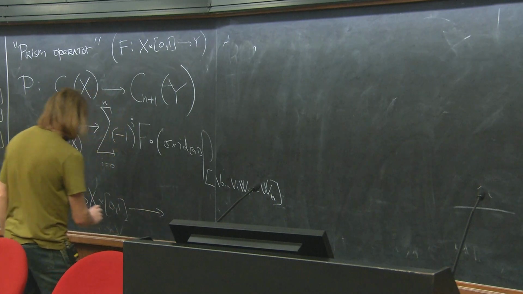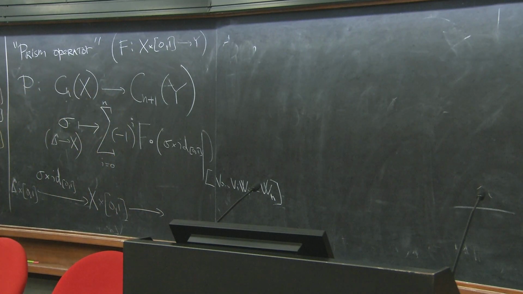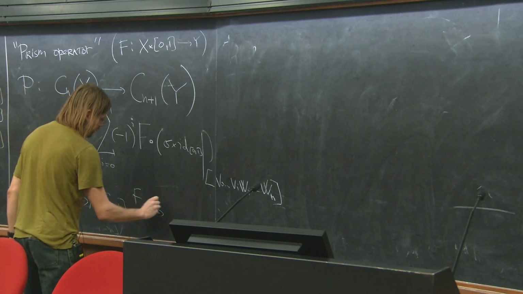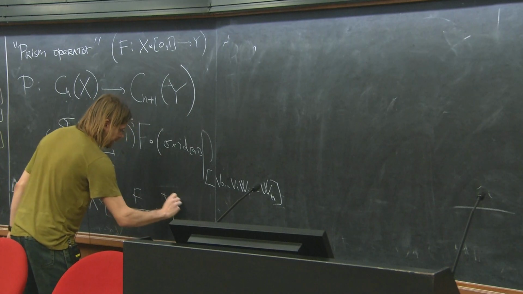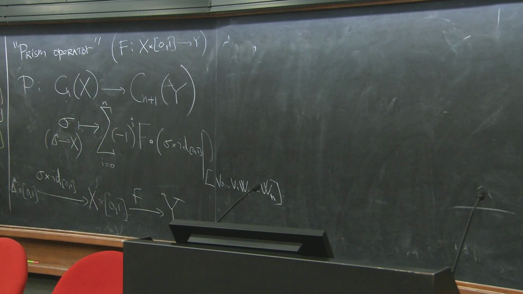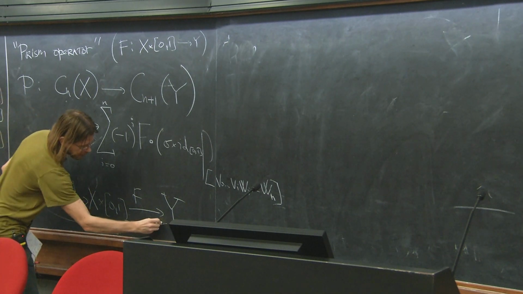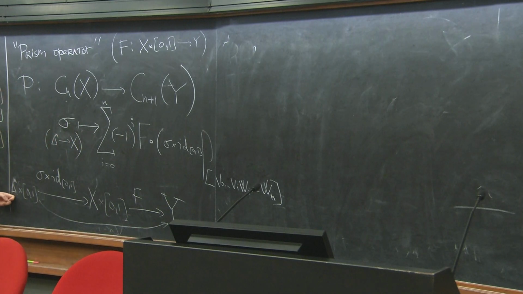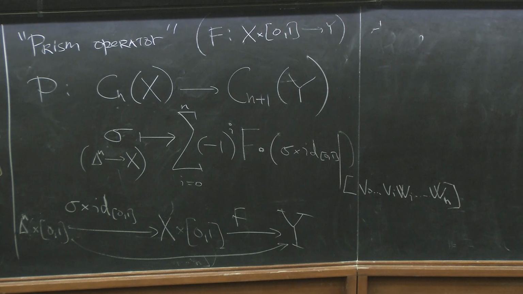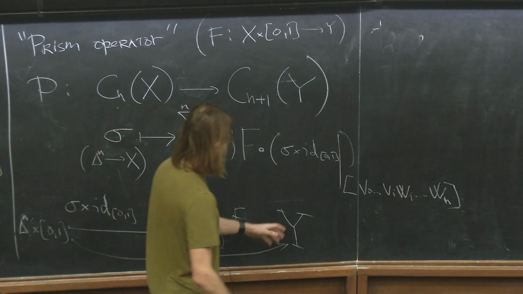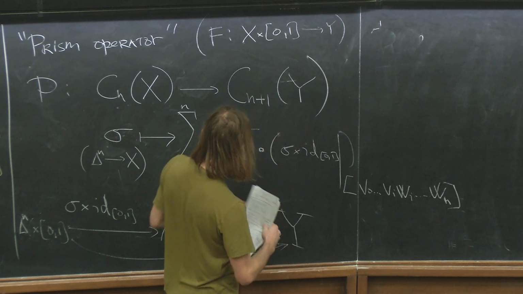But from this product space we have F, our homotopy, which takes us to Y. And then we can compose these to go directly from delta n times an interval, which is our prism, to Y.